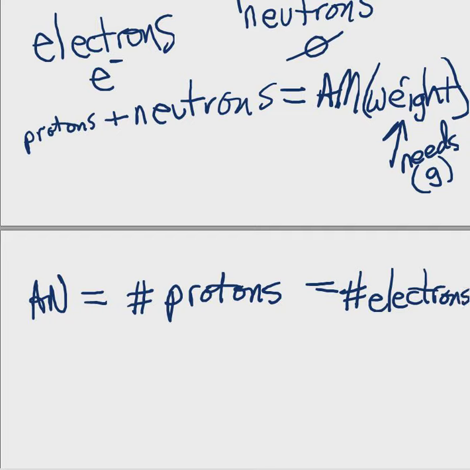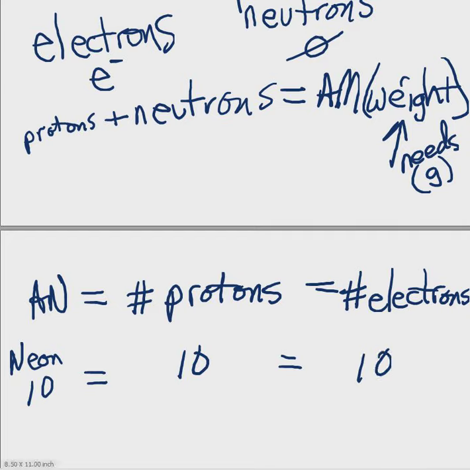So the atomic number equals the number of protons. The atomic number also equals the number of electrons. So for neon, neon's atomic number would be 10. The number of protons would be 10. The number of electrons would be 10.